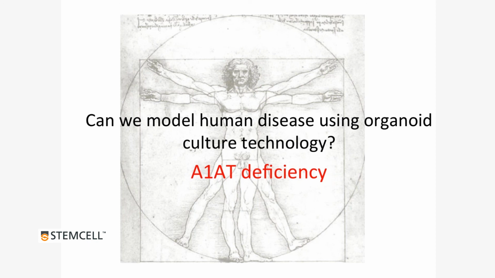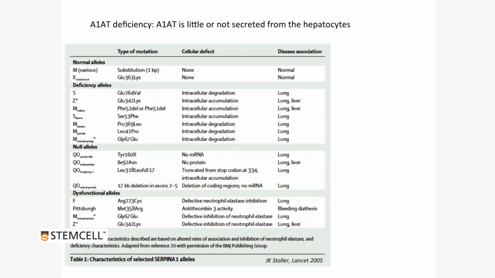And for that, we chose alpha-1 antitrypsin deficiency, which is a rare disease, but is a monogenic disease that affects some population because they are deficient in this alpha-1 antitrypsin protein. Several alleles have been described, but the most interesting allele for us was the ZZ mutant allele.